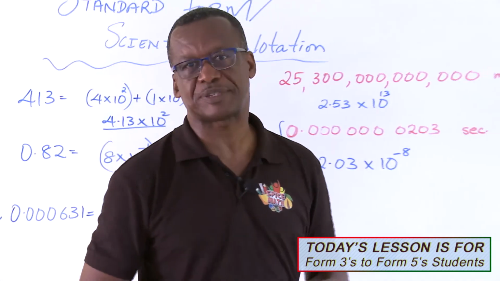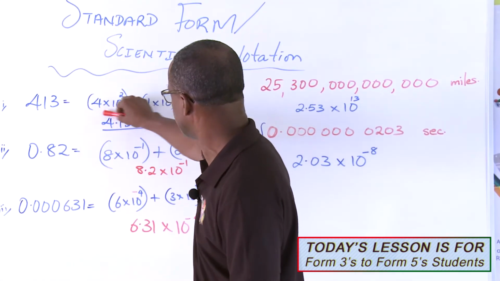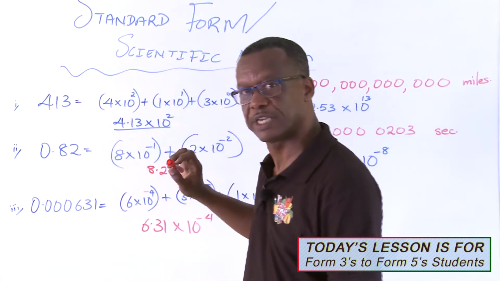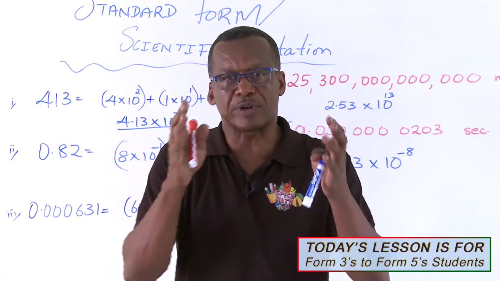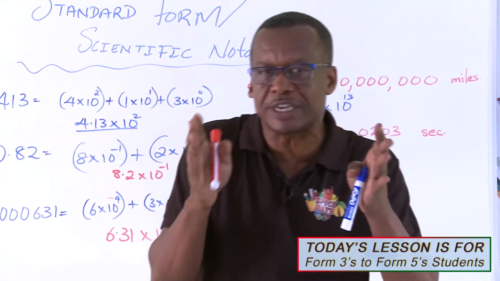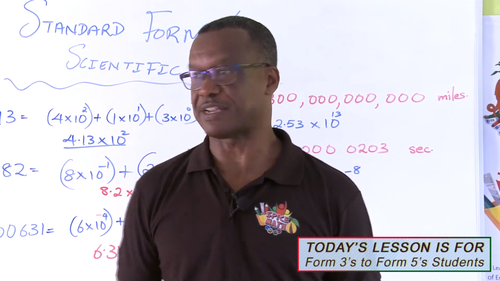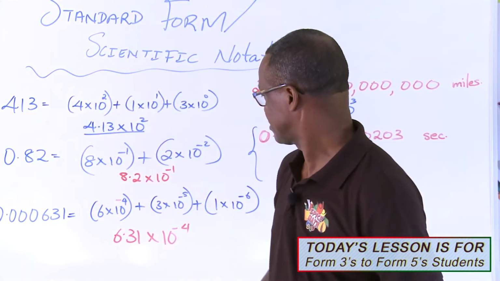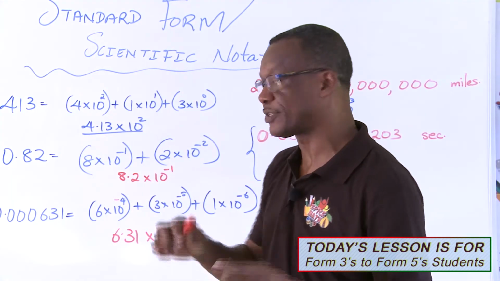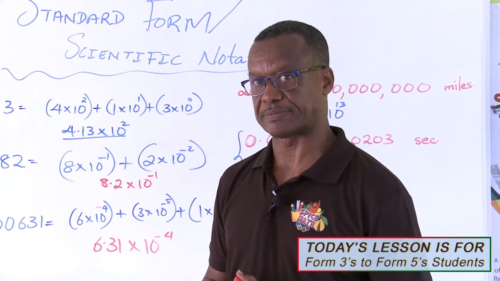You would observe again there's a pattern emerging. All the first numbers, 4.13, 8.2, and 6.31, they're all numbers between a certain range. In this case, they're all less than 10, and they seem to follow a pattern of being 1 or greater.